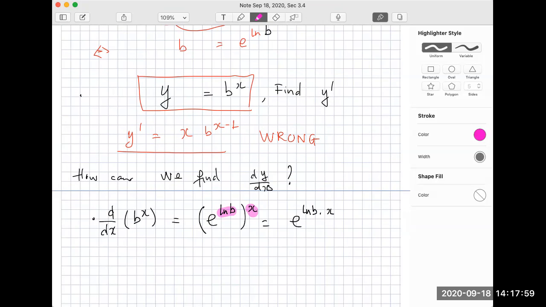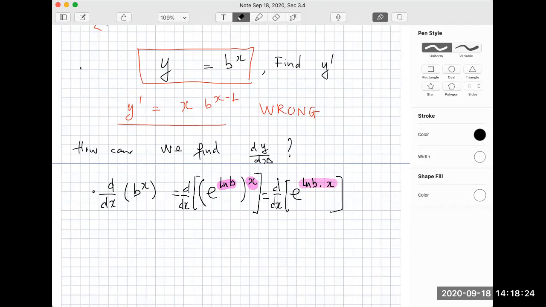If you imagine it is e to the u, we are computing d over dx of e to the u of x, where u of x is ln b times x.